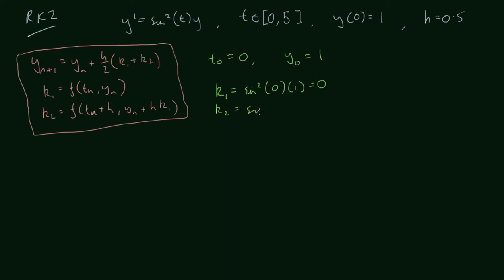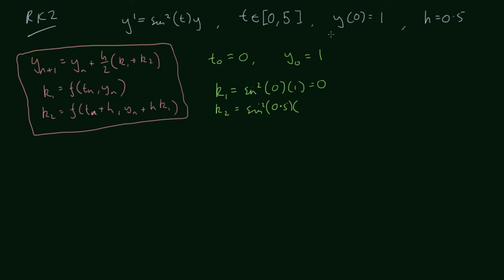For k2, we've got sine squared, but now instead of t, we put in t plus h. Now t plus h is 0 plus h, which is 0.5. Don't forget the decimal point. And we're also going to put in y_n plus h times k1.